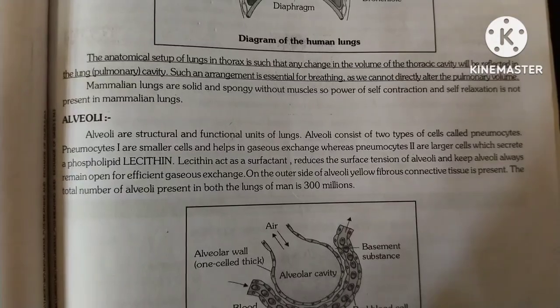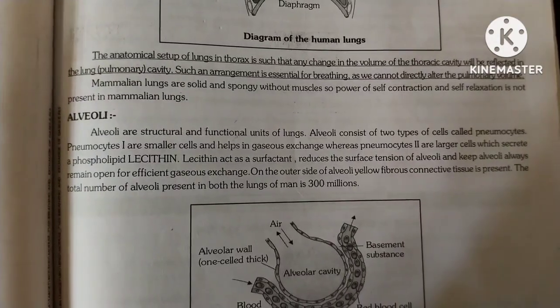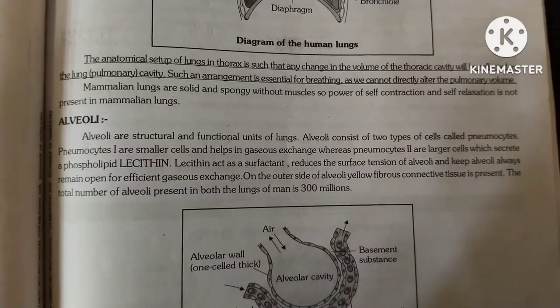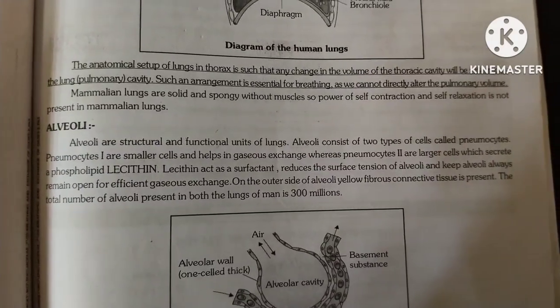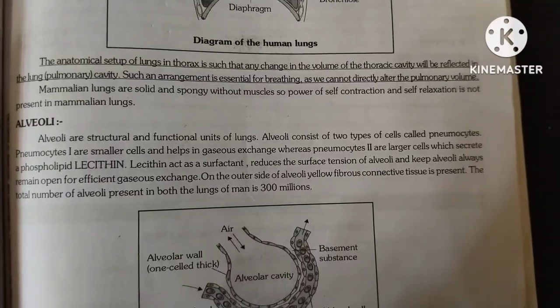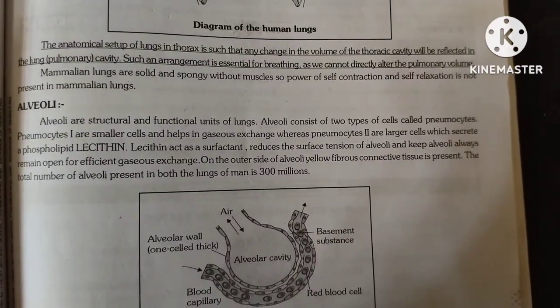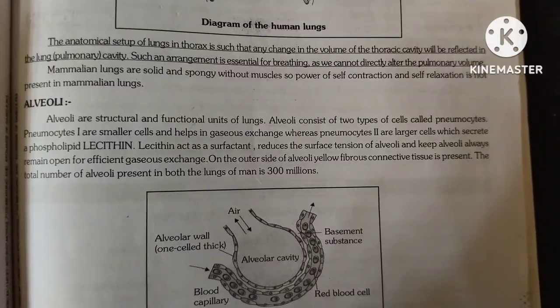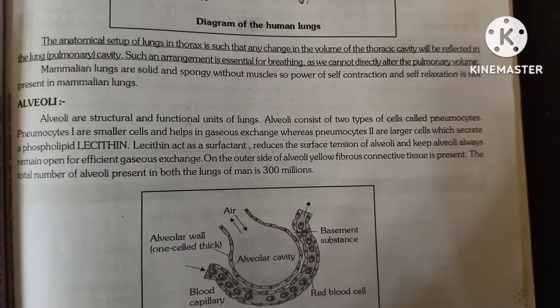Lecithin acts as a surfactant, reduces the surface tension of alveoli, and keeps alveoli always open for efficient gaseous exchange. On the outer side of alveoli, a yellow fibrous connective tissue is present. The total number of alveoli present in both the lungs of men is 300 million.